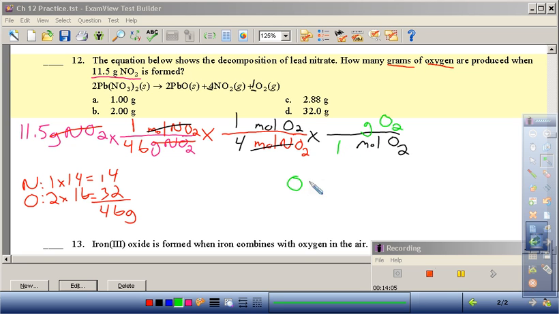And the grams, well, I have 2 oxygens. I look up oxygen on the periodic table. So it's 32 grams per mole. That's the molar mass. I'm going to cross off my like units. And then I'm done. And in my calculator, I'll do this times this, divided by the bottom, and I'm going to end up with letter B.